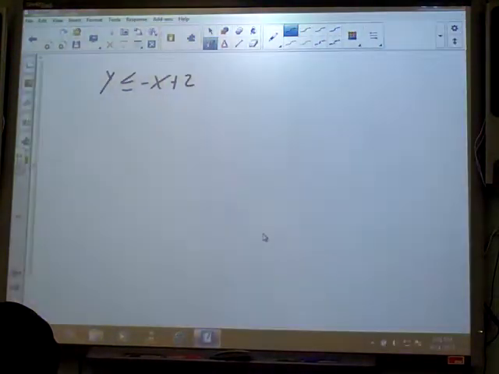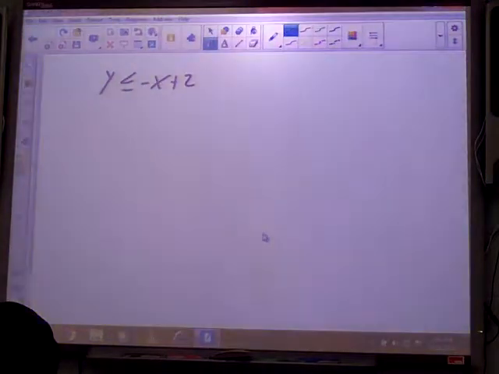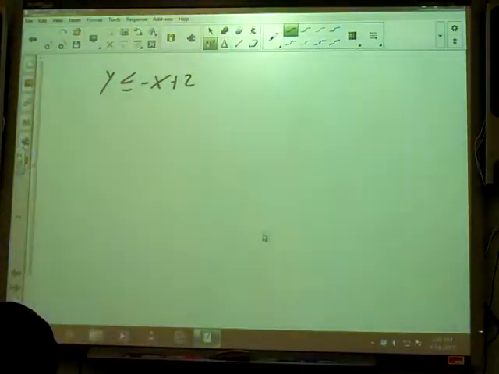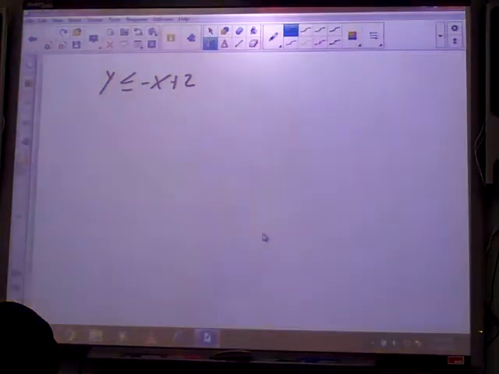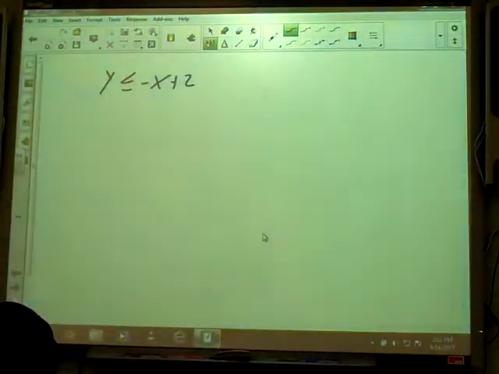If you are doing a quick graph to check it, that's in slope-intercept form. So this is a time when I finally would not do zeros. It's got a y-intercept of 2 and a slope of -1. I would just graph it like that. So if you can figure out solid or dashed line, shading above or below, I'm going to call on somebody in just a second.